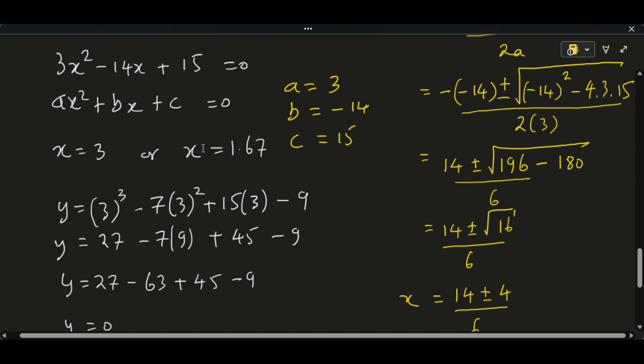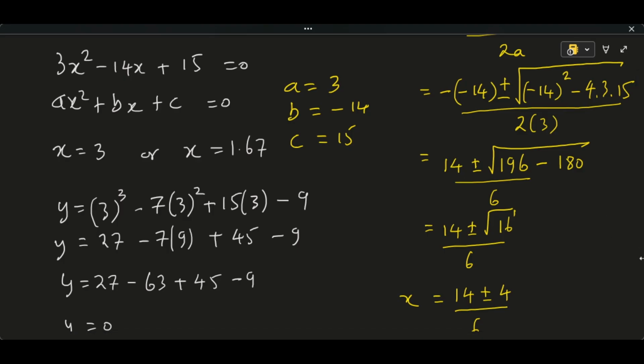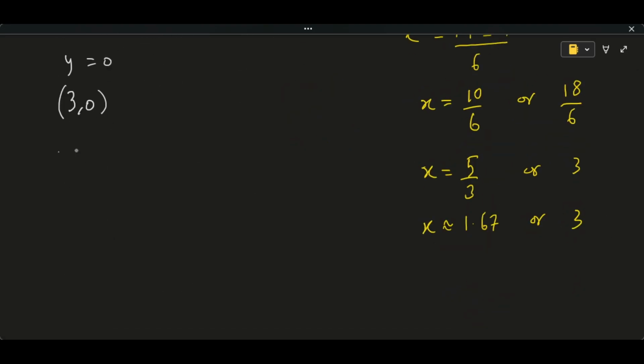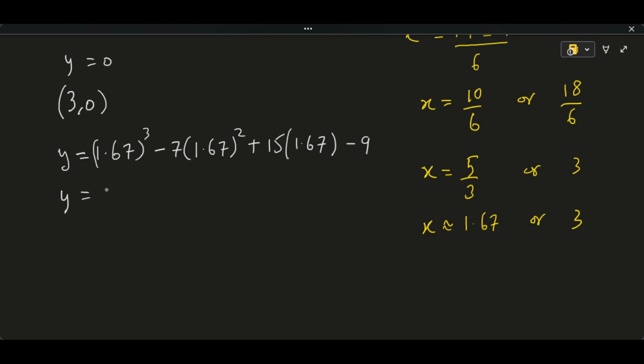So what if the x is also 1.67? At this point that the curve is turning, what is its y component value? So let's substitute this value of x into the original equation to determine its y component.